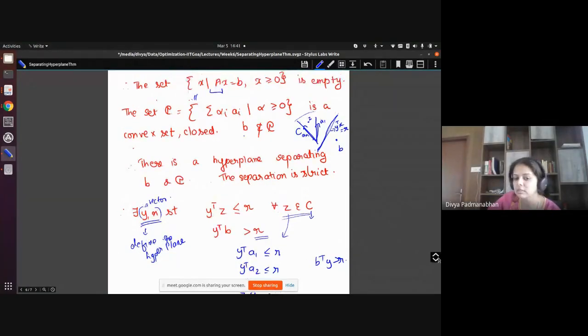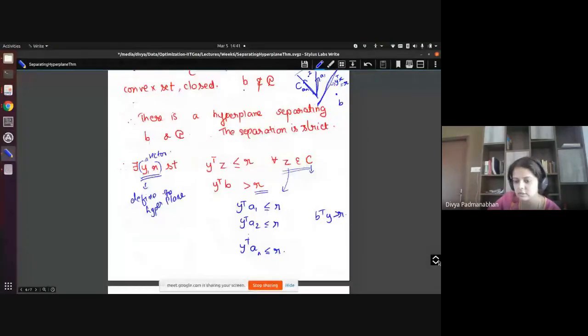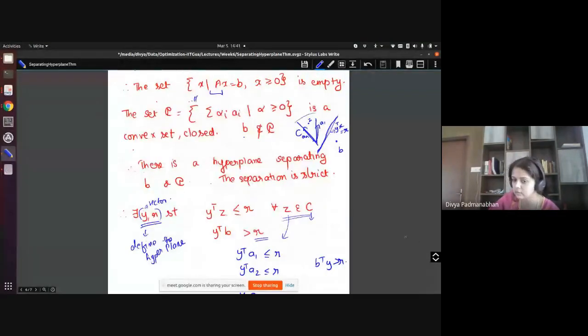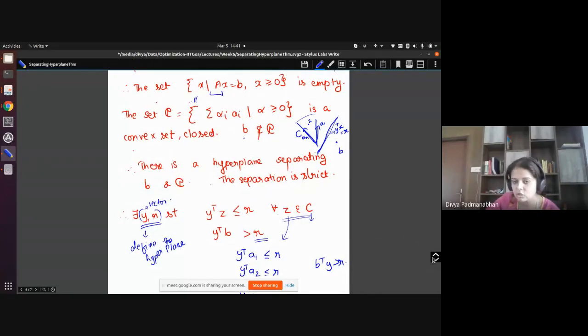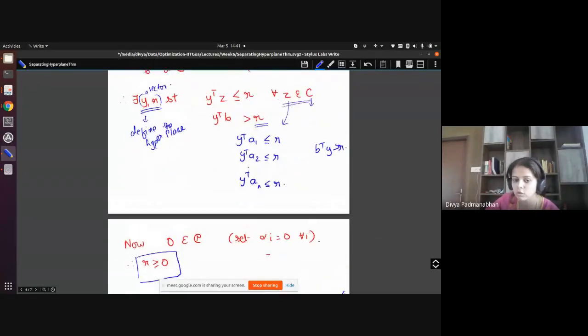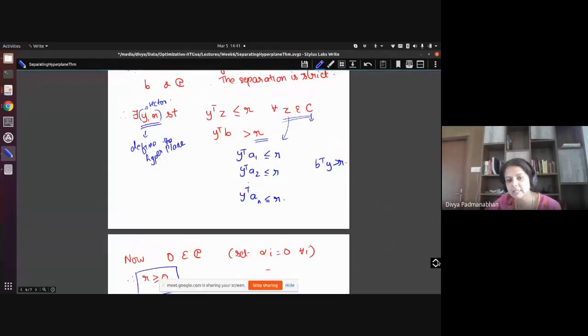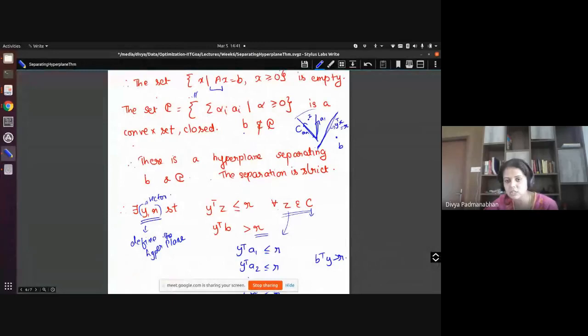Now, we have a stronger thing to prove, that r is equal to 0. That's the claim of Farkas Lemma. So let's see whether r can be less than 0. This is a cone in which, if you change the values of alpha, the scalar coefficients with which you multiply the vectors, then you'll get different elements.